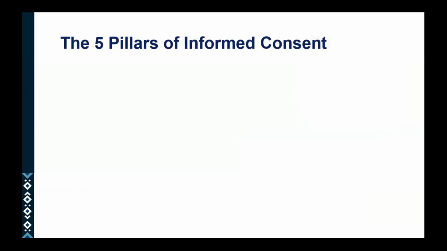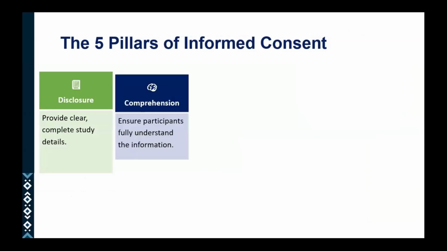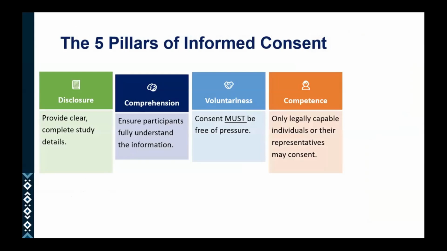Now let's look at the five pillars of informed consent. Disclosure of information: we need to provide clear and complete study details to the participants. Comprehension: we should ensure participants fully understand the information that we are providing them. Voluntariness: consent must be free of pressure, no coercion, no undue influence.